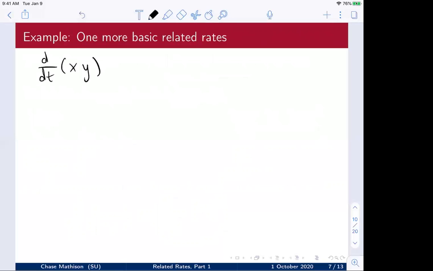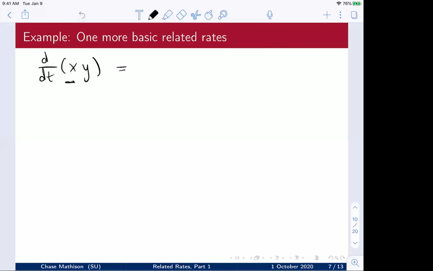How am I going to take the derivative with respect to t of x times y? Product rule. Yes, perfect. I said times, right? x times y. So this is the product rule. These are both functions of t. So the product rule says take the derivative of the first thing and leave the second thing alone.